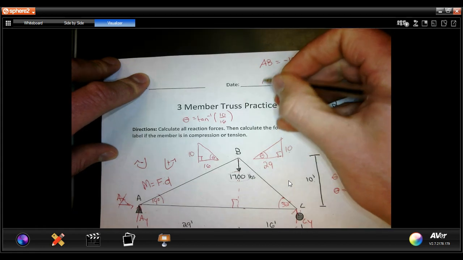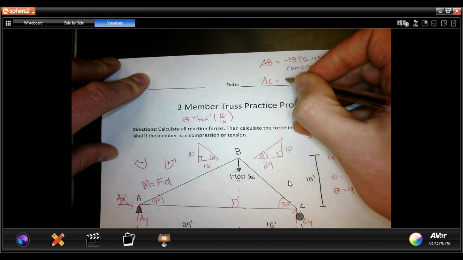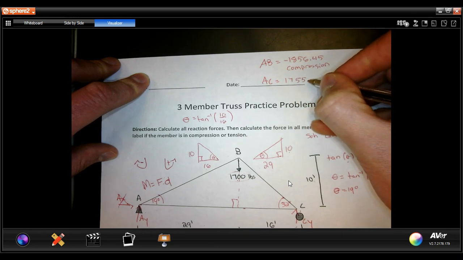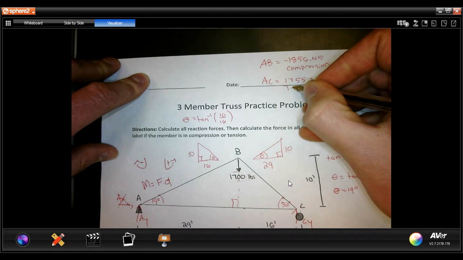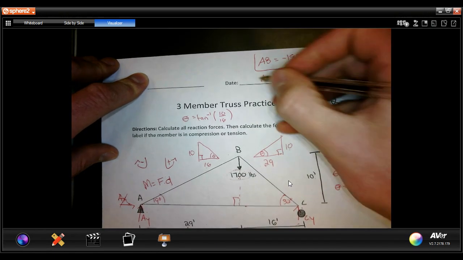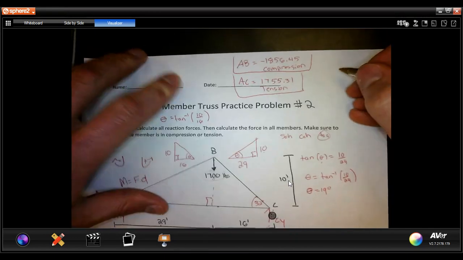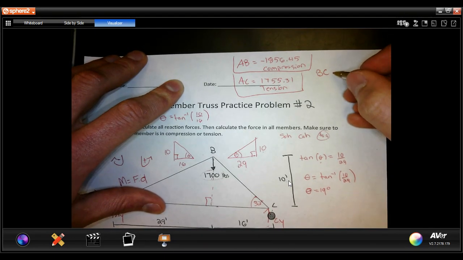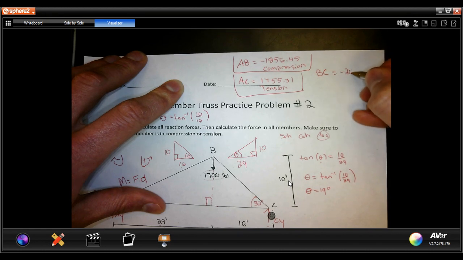Then we found AC to be in tension because it's positive. And then the last one we found was BC, or you could say CB, same thing, is equal to negative 2,067.48. Because it's negative, it's in compression.